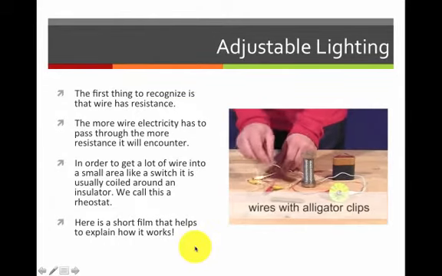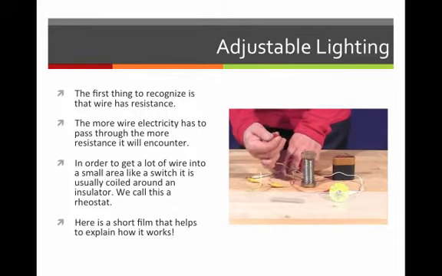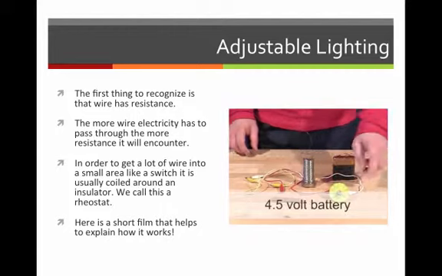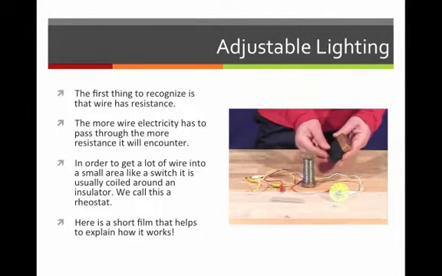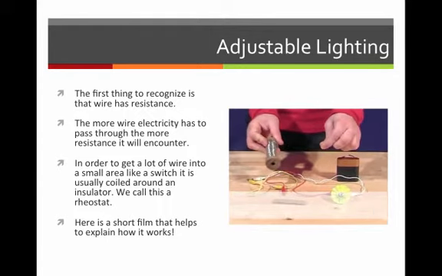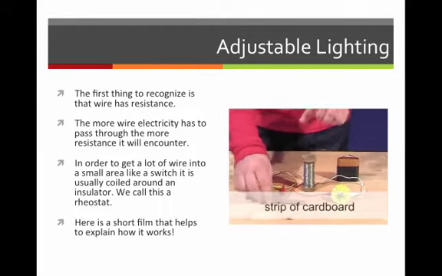Wires with alligator clips, bulb, 4.5-volt battery, thin wire, strip of cardboard.